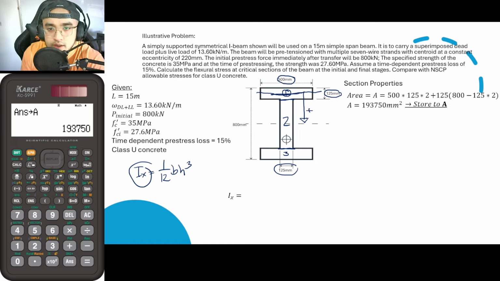So you must transfer it using the transfer formula, plus AD squared. But since I am that person who is actually lazy to do that, I think you are too. So I would rather choose another method.